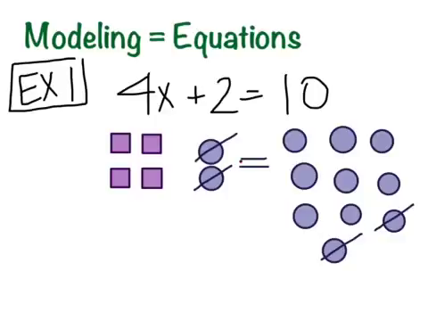So 4x equals 8. Now, instead of dividing mathematically, we're going to group. So we need 2 groups here.